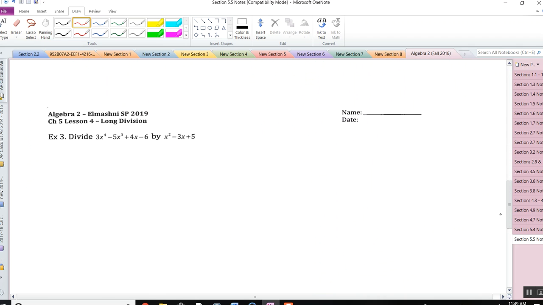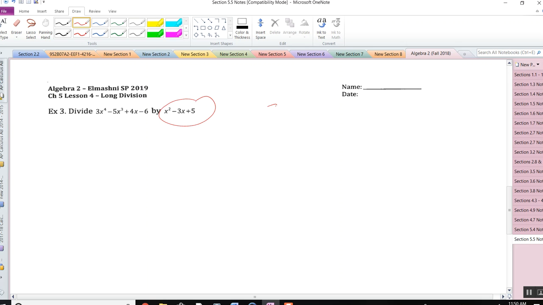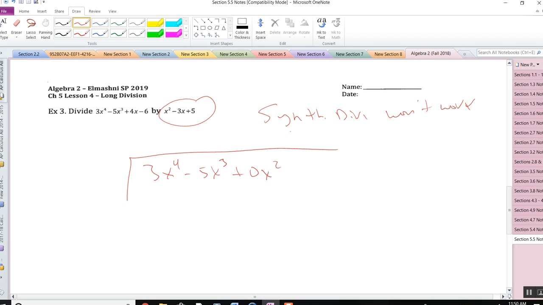Now, unfortunately, you can't do synthetic division here. You really just have to do the long division. 3x to the fourth minus 5x cubed. There's no x squared term, so got to put a placeholder for it, plus 0x squared plus 4x minus 6, divided by x squared minus 3x plus 5. So what do you multiply x squared by to get 3x to the fourth? 3x squared. 3x to the fourth, negative 9x cubed plus 15x squared.